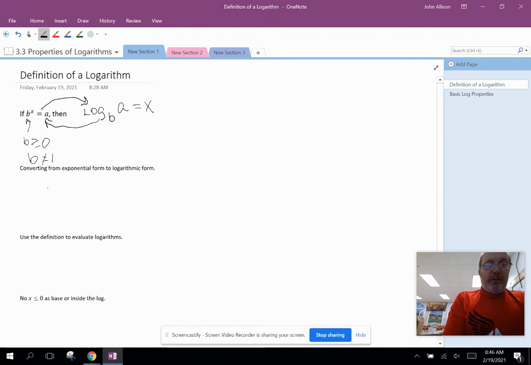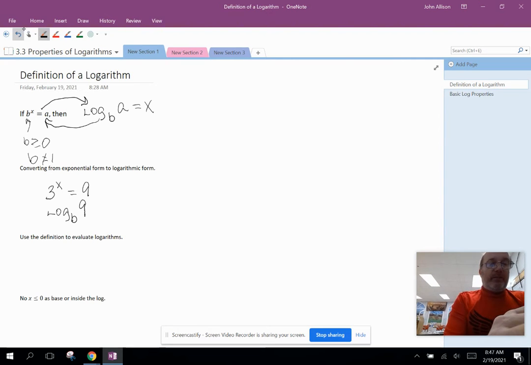So this allows us to convert an equation from exponential form to logarithmic form. If we have an equation in exponential form, 3 to the x equals 9, and we want to solve for x, we can convert it to logarithmic form. The base of the log is the same as the base of the exponent, and what was on the other side of the equation from the exponential term goes inside.